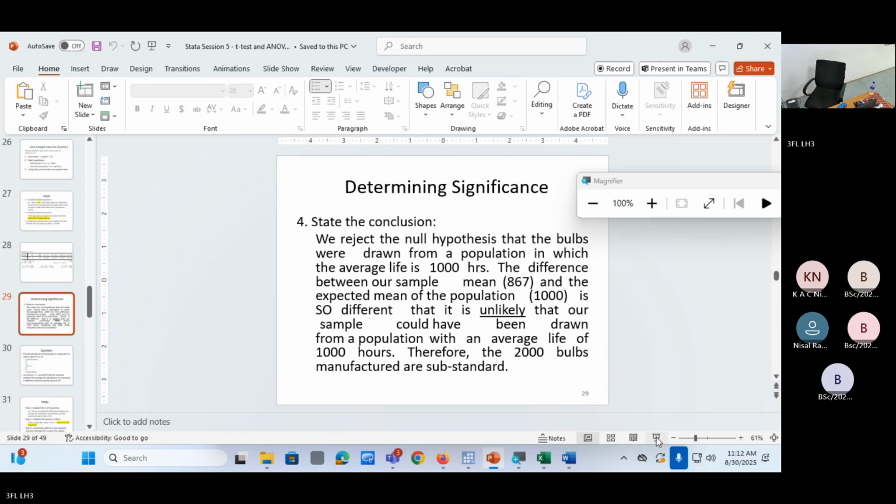Here it was 1000 hours. Since it was less than 1000 hours, you reject the null hypothesis that there is no difference. Meaning, since it was below 1000, the entire lot is deemed substandard. Clear?